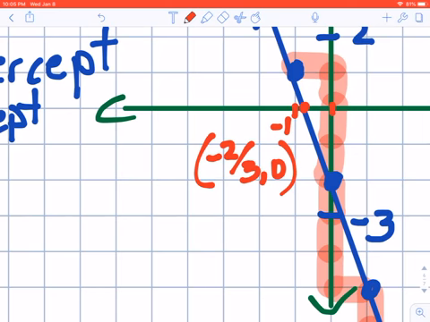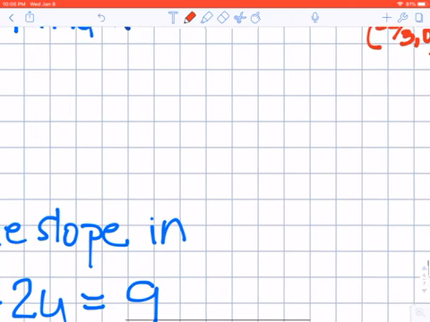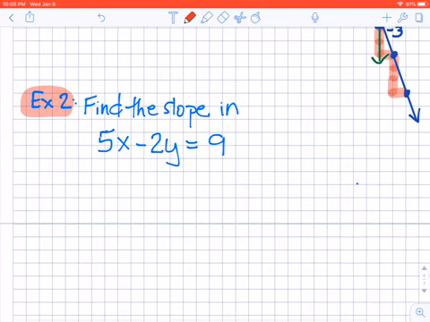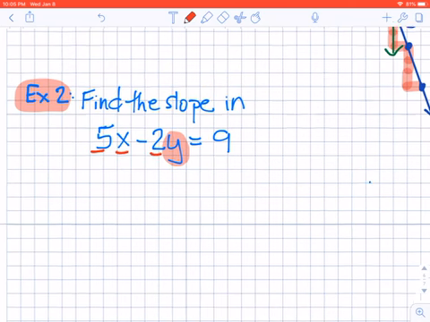All right. My last problem we're going to do is find the slope in this equation. Notice the y is not sitting by itself. It's kind of like accompanied by a few other things here which we have to get rid of. All right, how do I get rid of them?